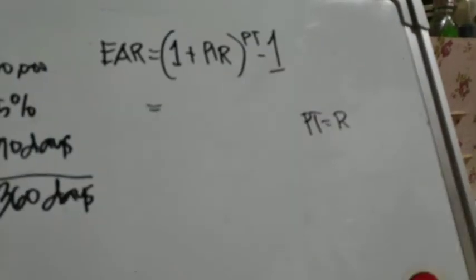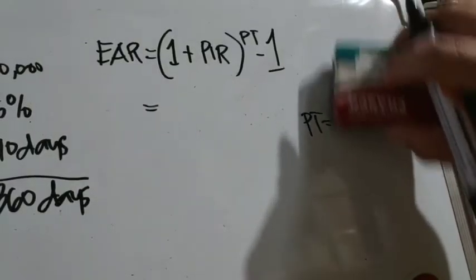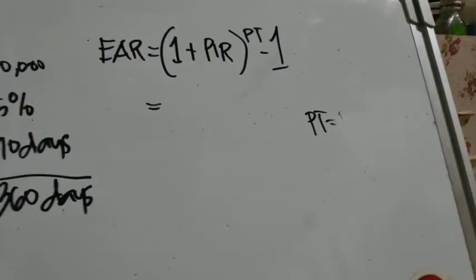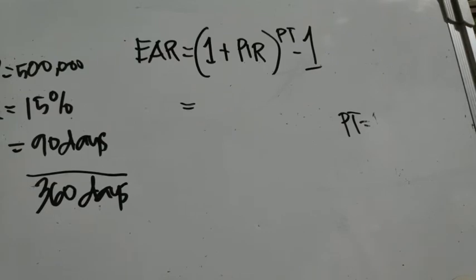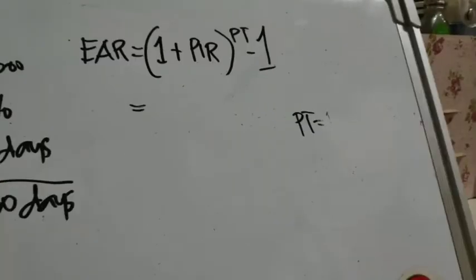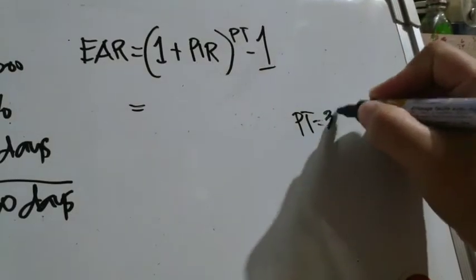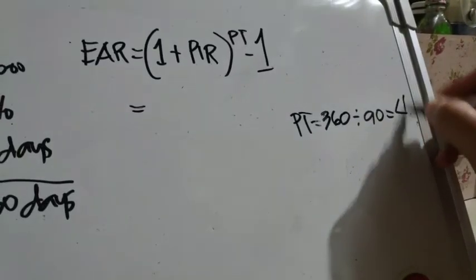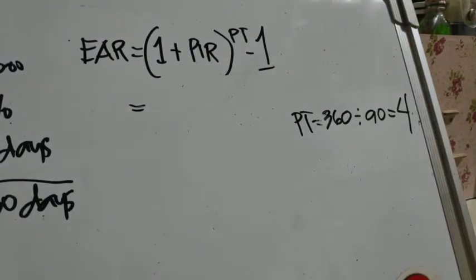For the periodic term, it is the term of the problem. So what is the term of the problem? It's 90 days. So it is the reverse of this, right? 90 divided by 360. For the periodic term, what will happen is 360 divided by 90, then you will get 4, right?